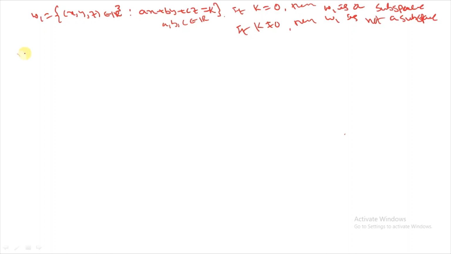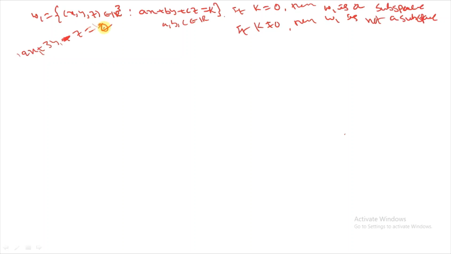Otherwise, suppose I give 2x + 3y − z equal to 0. With 0, it's a subspace. You can check it: take two elements, 2x1 + 3y1 − z1 equal to 0 and 2x2 + 3y2 − z2 equal to 0, and check vector addition and scalar multiplication. It satisfies.